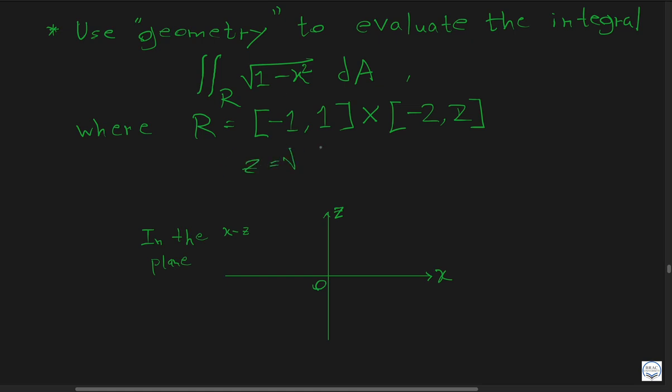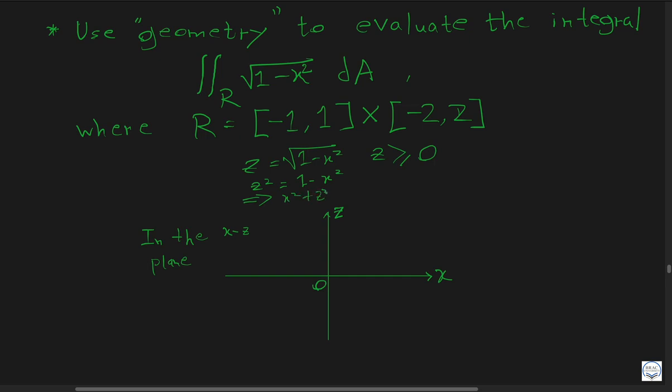interpret this surface is by setting z equal to the square root of 1 minus x squared. Because this is the positive square root, this means that z is greater than or equal to 0. So now we will square both sides to get z squared equals 1 minus x squared.